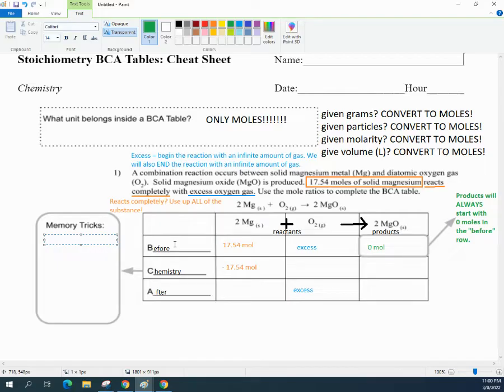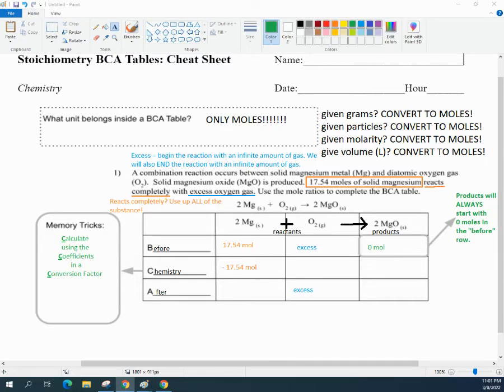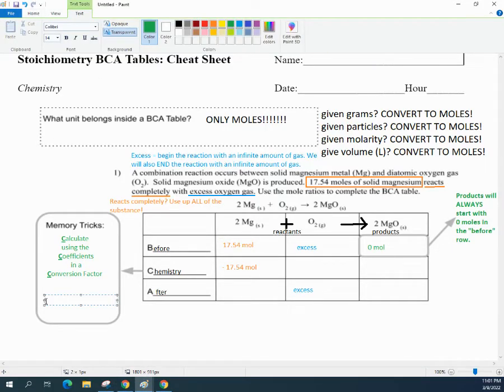You could say that C stands for chemistry, but you could also say that it stands for calculating using the coefficients in a conversion factor. And just so you know, that conversion factor that we're going to be using is going to be the mole ratio.